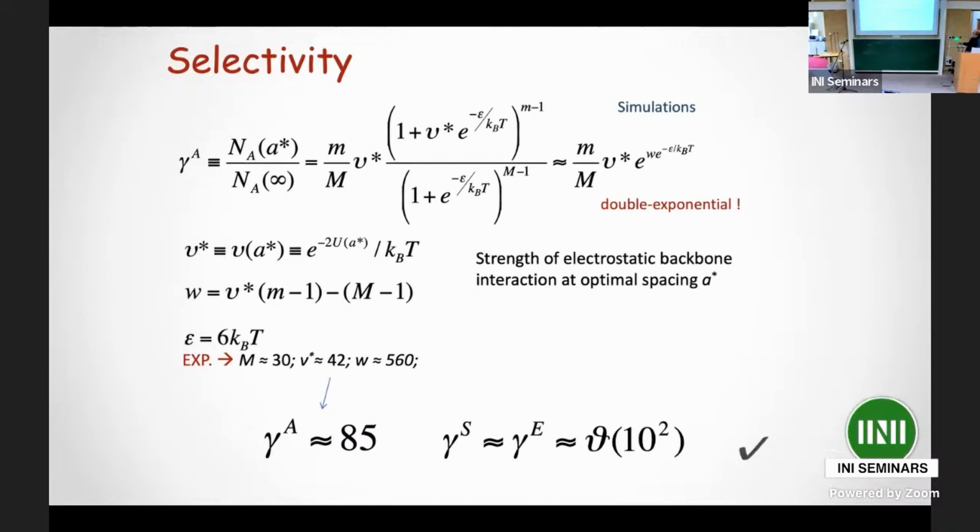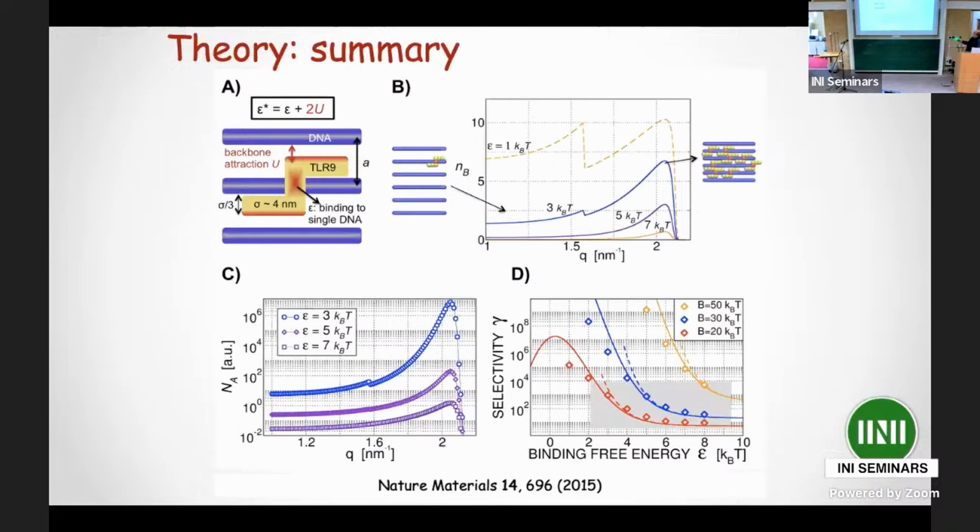And basically what we observe here is the number of bound receptors as a function of Q, the inverse lattice spacing. You see this behavior for different binding strands, and this is the total number of active receptors for a complex.